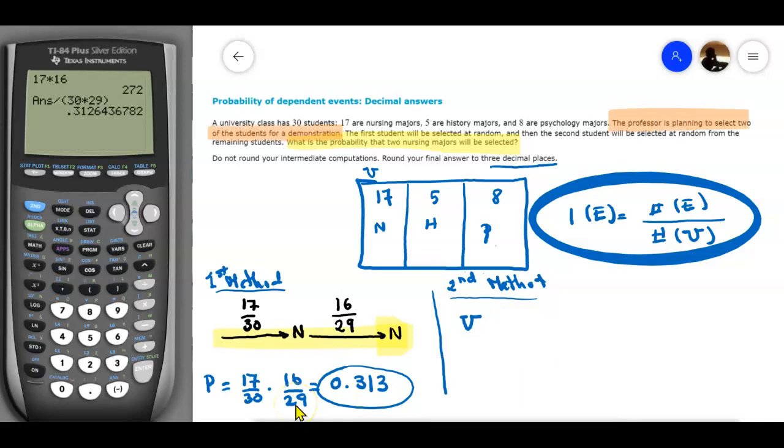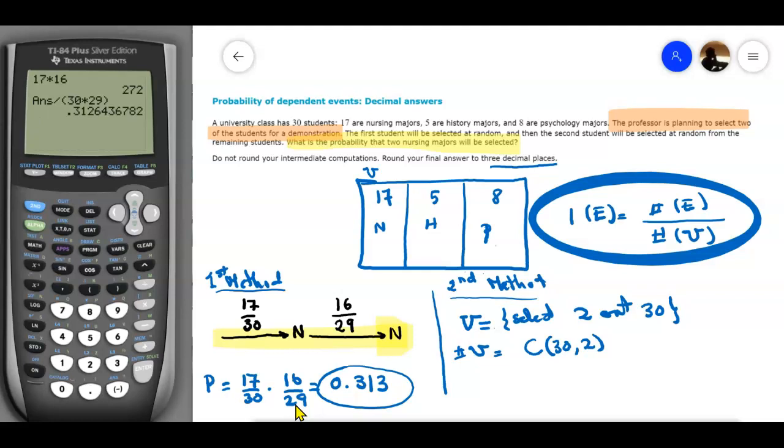If I'm going to write it down, it is select 2 out of 30 students. And if I'm counting the number in the universal set, this is going to be a combination, C of 30 comma 2. So n is 30 and 2 is the selection.